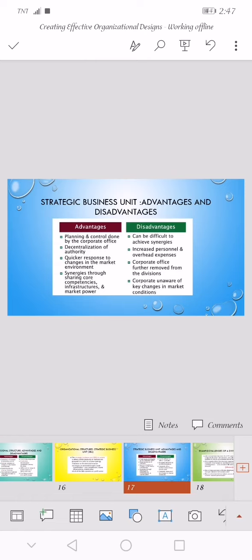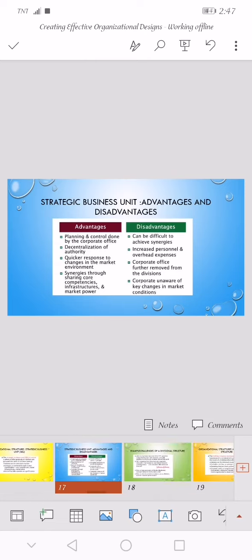Disadvantages: first, can be difficult to achieve synergies. Second, increased personnel and overhead expenses. Third, corporate office further removed from the divisions. Fourth, corporate unaware of key changes in market conditions.